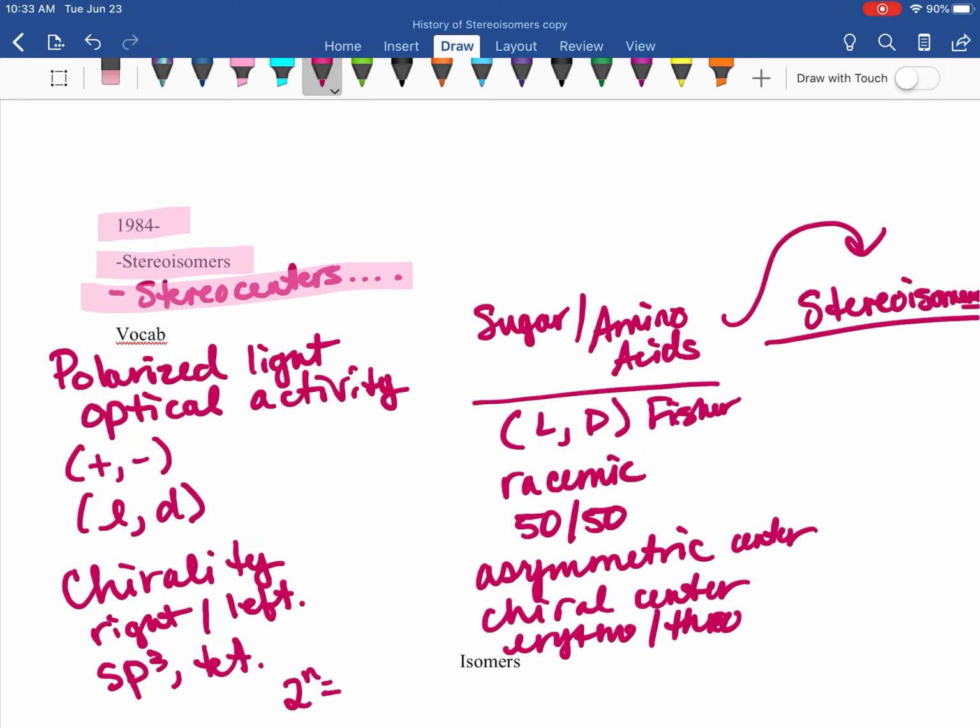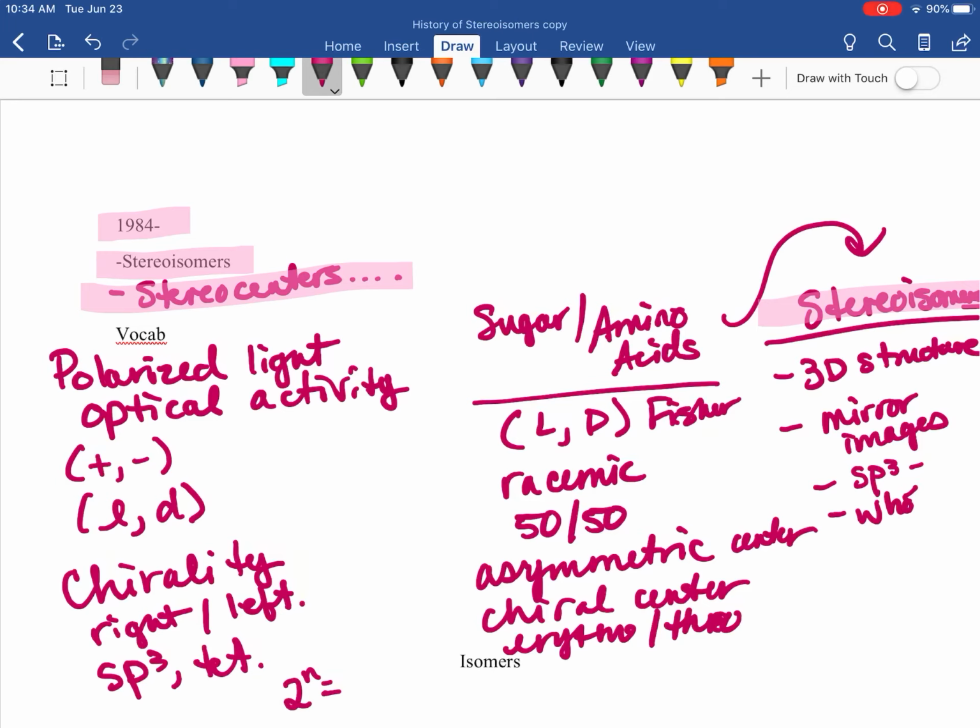1960s to 1980s, now what we are majorly concerned with is a 3D structure, so we can actually know which molecule does what. We are concerned with mirror images. Taking that sp3 carbon, we've branched out to whole molecules.